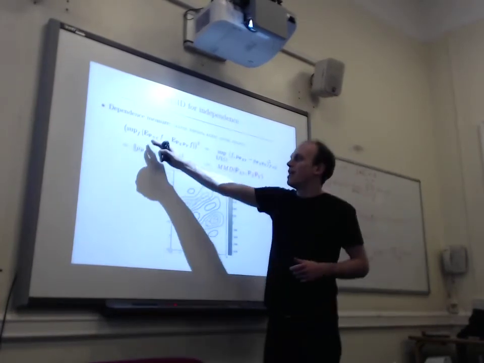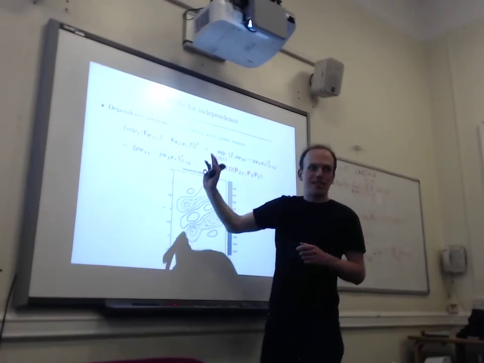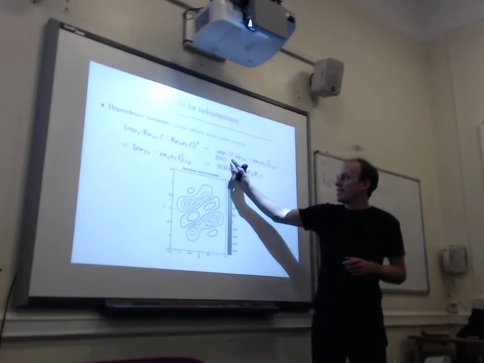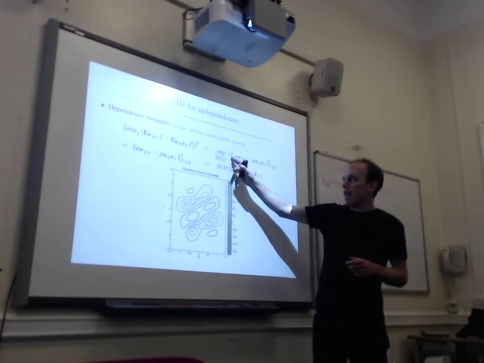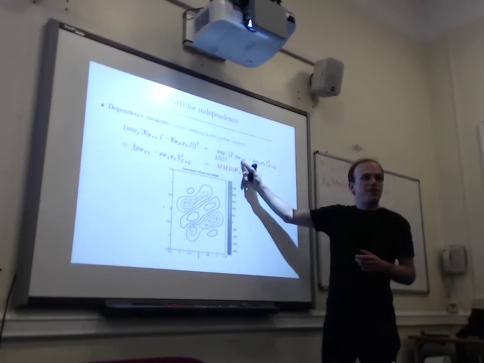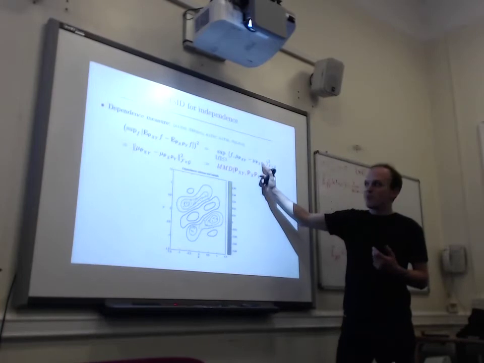Okay, so I've got my function from some set of smooth functions that maximizes the difference in expectation over the joint and product of marginals. Then I can write this as basically the inner product of f, the smooth function, and the expectation of the features of the joint minus the expectation of the features of the product of the marginals.